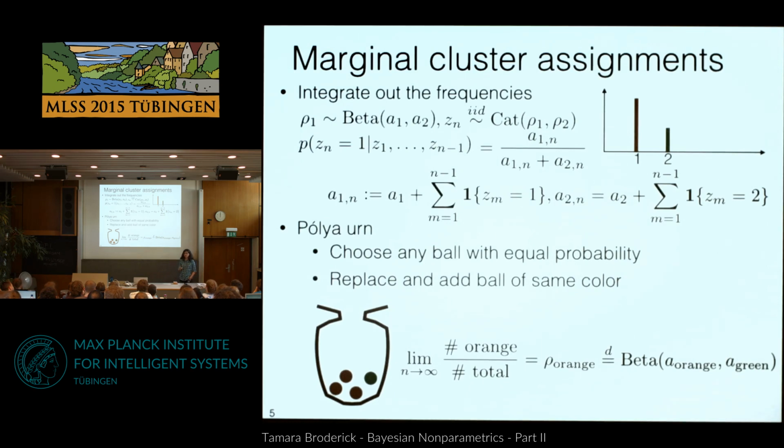Okay, so let's take this idea a little bit further, and let me just clarify one last thing here. So I said you choose any ball with equal probability. That kind of relies on having a finite number of balls, and in particular, an integer number of balls. But I said that A1 and A2 could be any positive number.